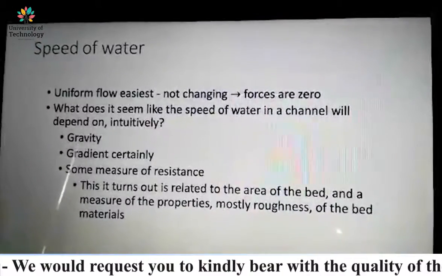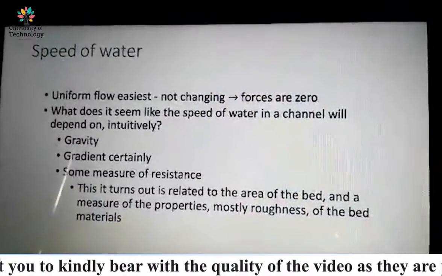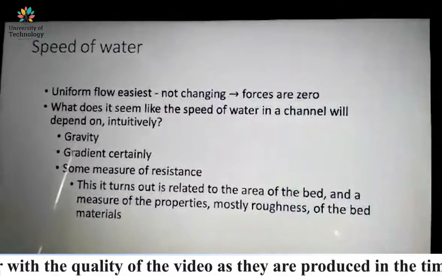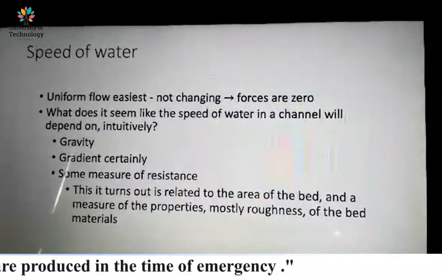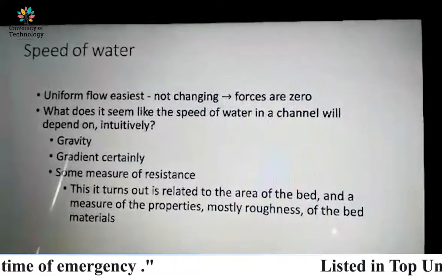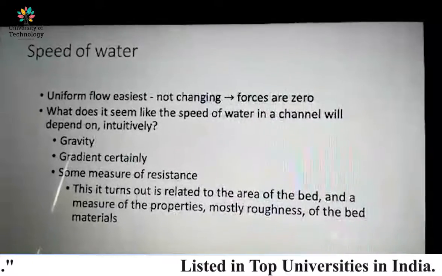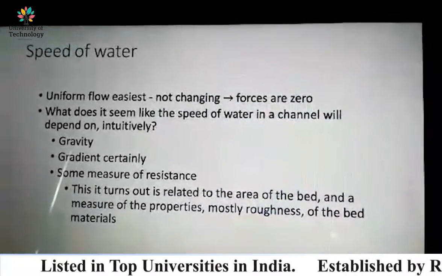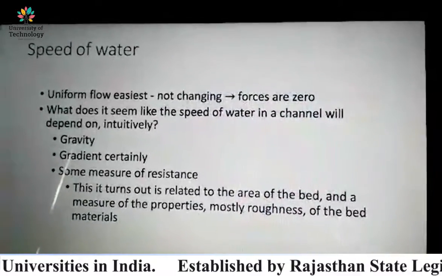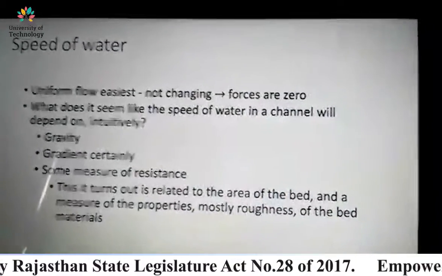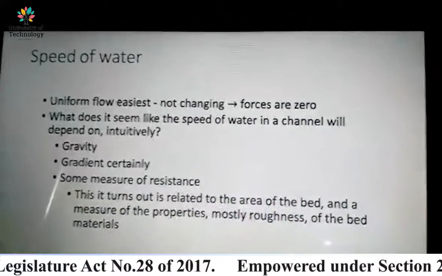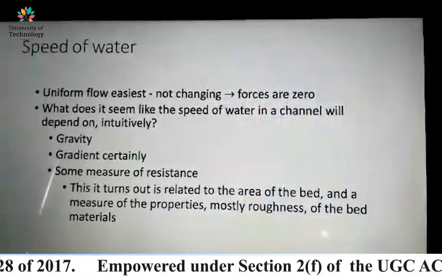The speed of water in a channel will depend on gravity, gradient and some measure of resistance. This turns out to be related to the area of the bed and a measure of its properties, mostly the roughness of the bed material.